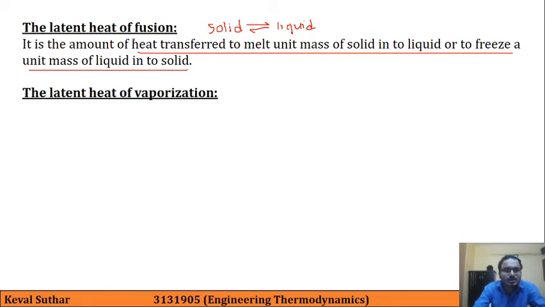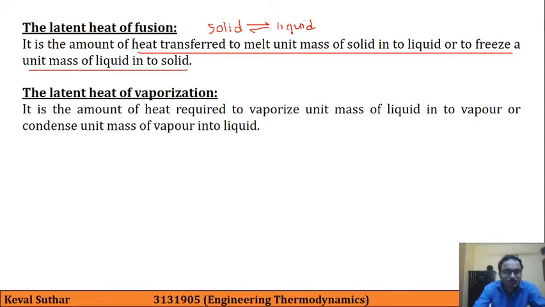The next is latent heat of vaporization. It is the amount of heat required to vaporize a unit mass of liquid into vapor or condense a unit mass of vapor into liquid.